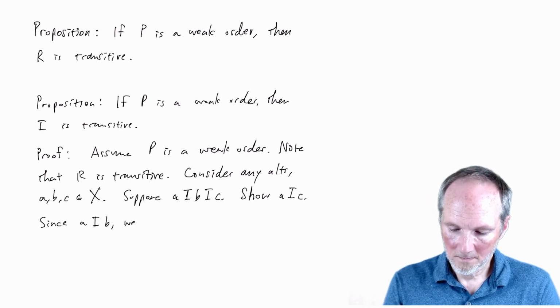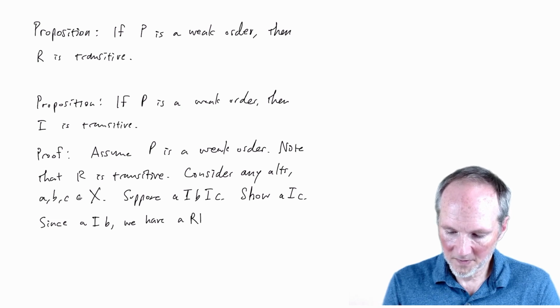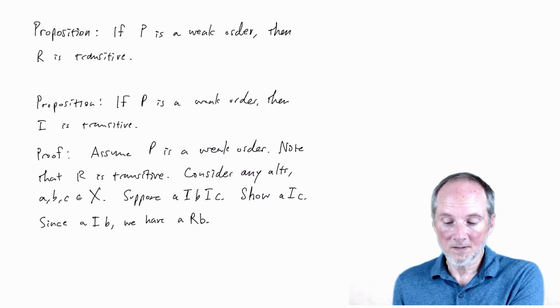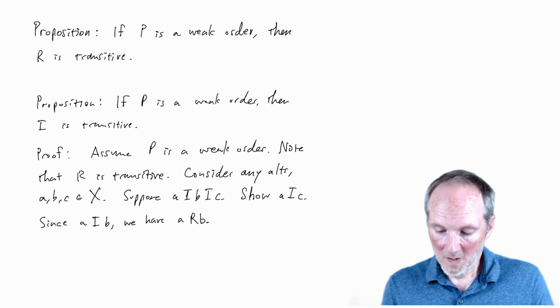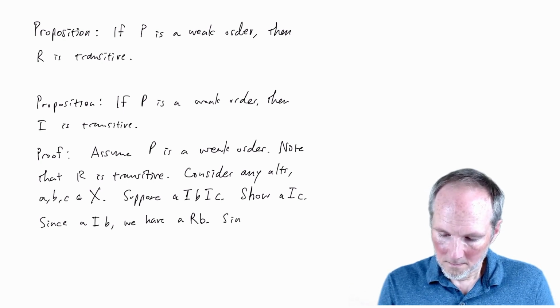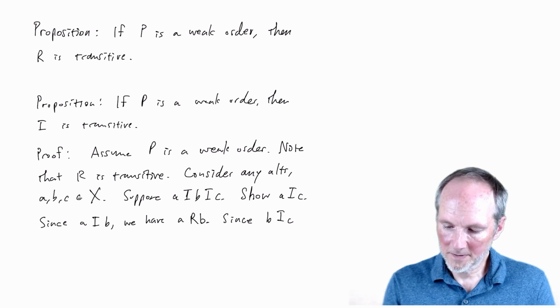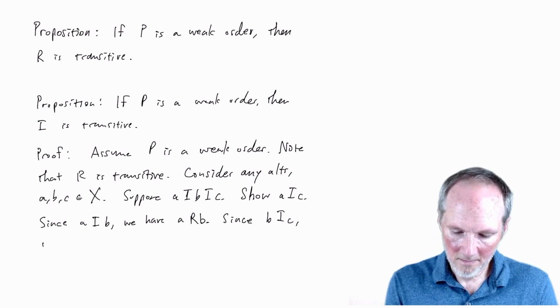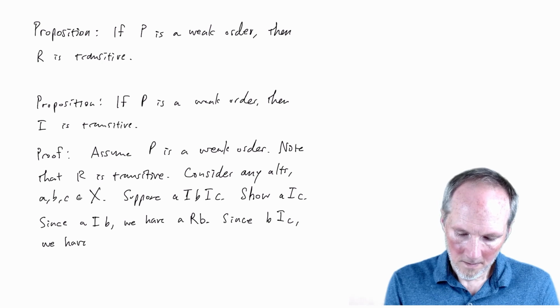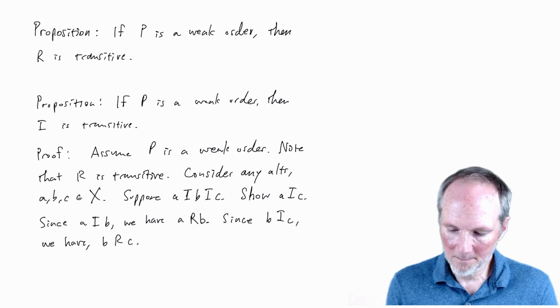So that means that, in particular, A is weakly preferred to B. Since B and C are indifferent, in particular, that means that B is at least as good as C. All right.